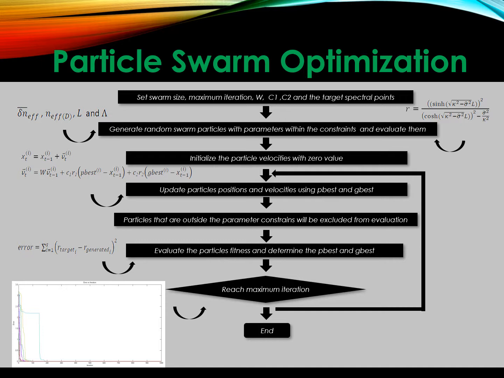The particle position indicates the FBG physical parameters, which include the grating refractive index, the grating period, and the grating length. Each particle has its own velocity, which is influenced by the global best position and the individual best position.